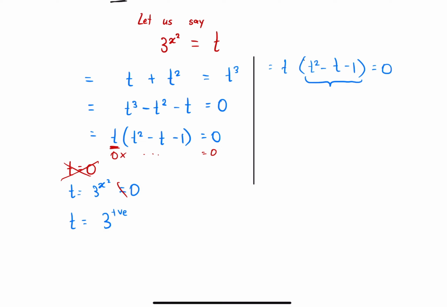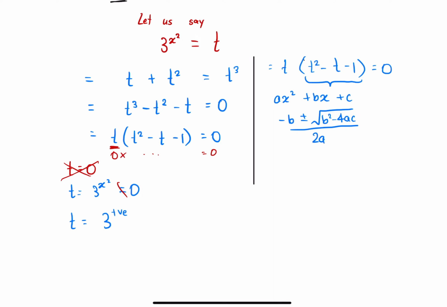So that means it is in the form of ax squared plus bx plus c. And to solve any of these equations, we would use the formula: minus b plus or minus the square root of b squared minus 4ac, divided by 2a.